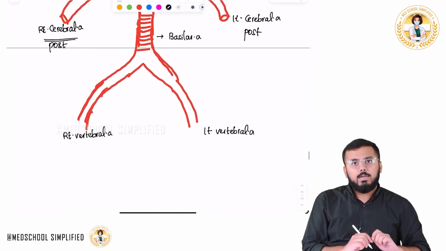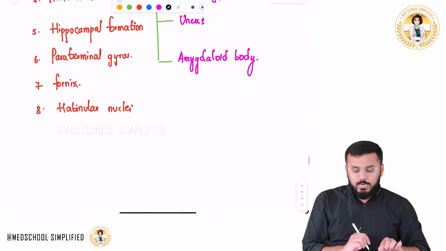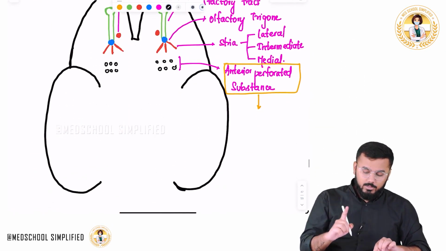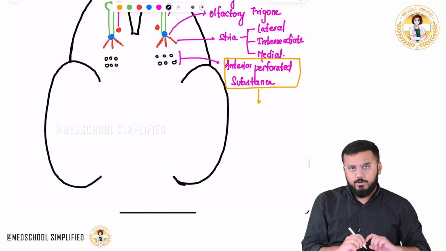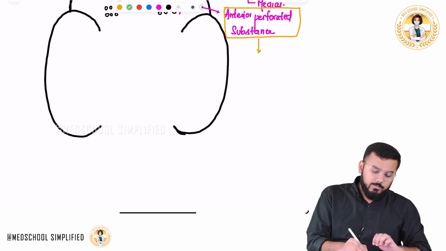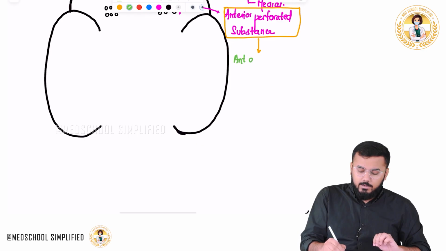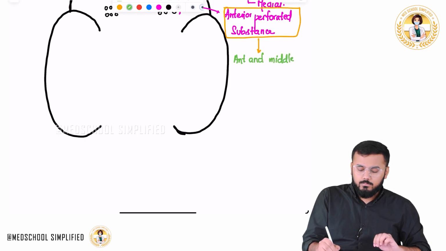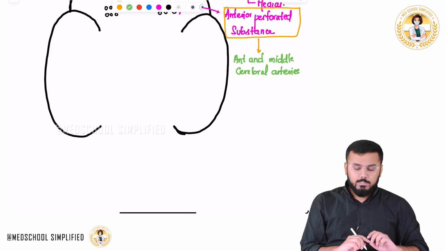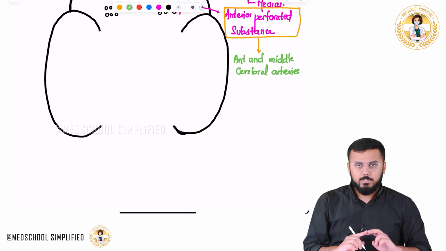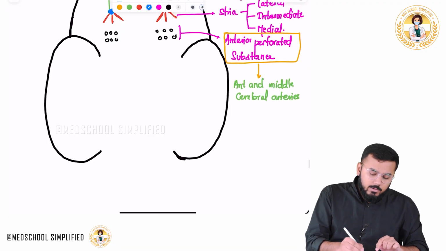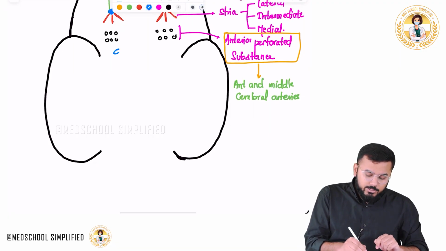They are piercing through this anterior perforated substance. Anterior and middle cerebral arteries pass through this anterior perforated substance. Next, after that, we have a next important structure over here.